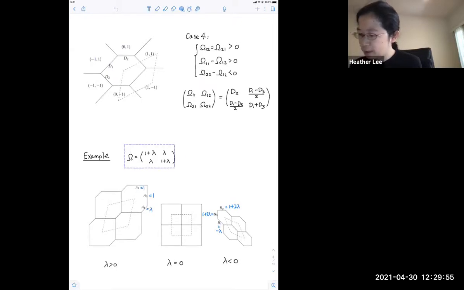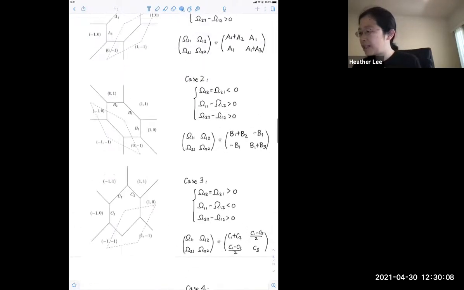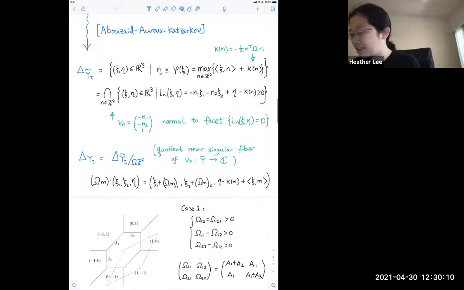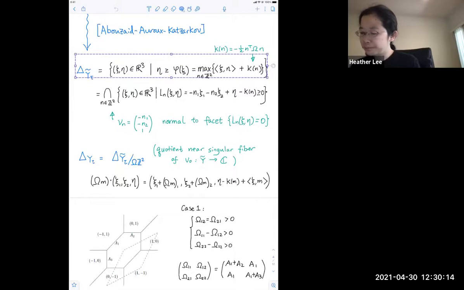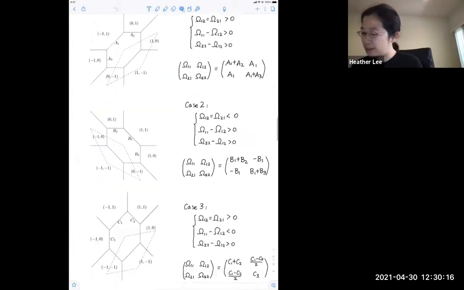Suppose we take this to be the imaginary part of our complex structure of the abelian surface. Now we construct the mirror and everything, and then we see that this imaginary part, like we've been saying, factors into the geometry of the mirror.